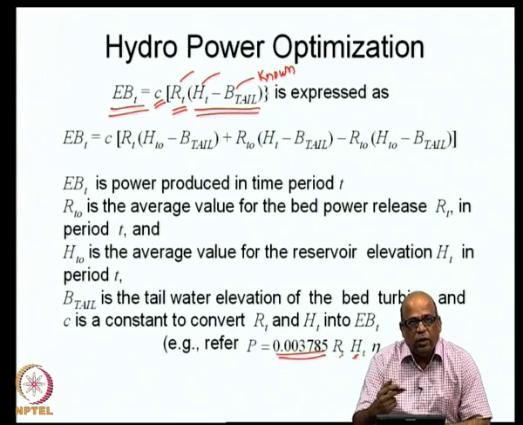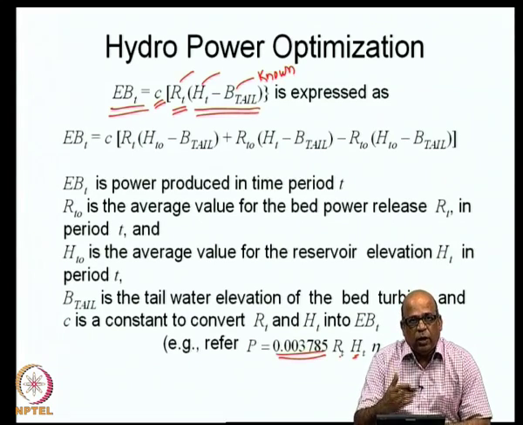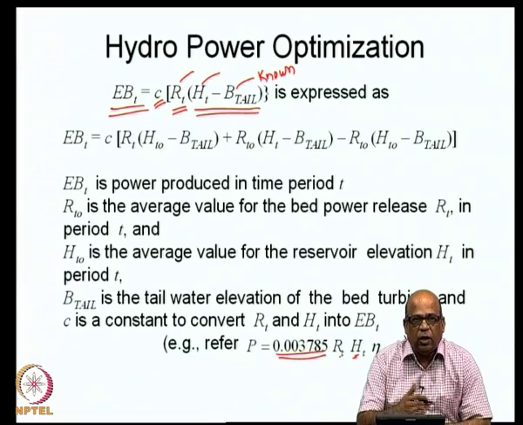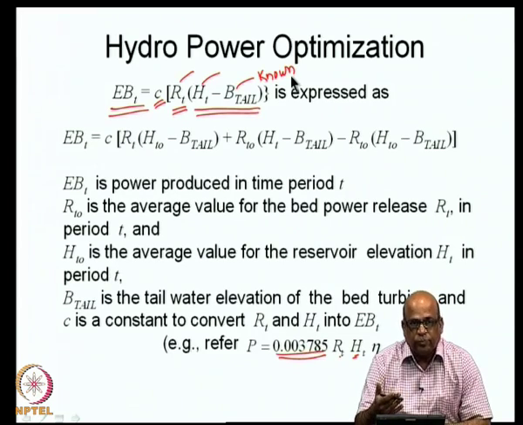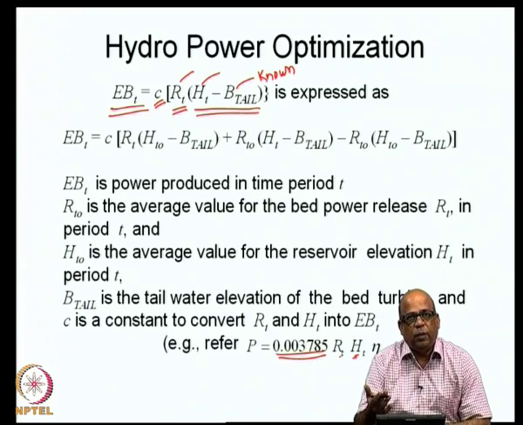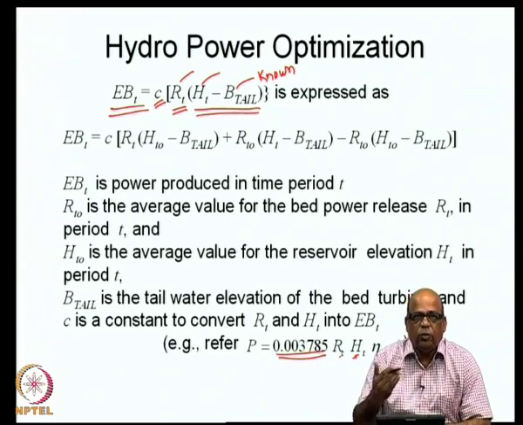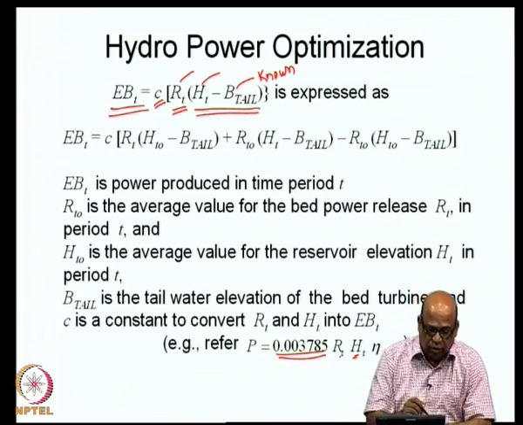If it is not satisfied, you do it in an iterative manner. Let us say you got one value of RT and another value of HT, and then the equation is not satisfied, the constraint is not satisfied. Then you set RT naught equal to that value of RT and HT naught equal to that value of HT as you obtained, and then resolve the problem. So, this has to be done in an iterative manner.